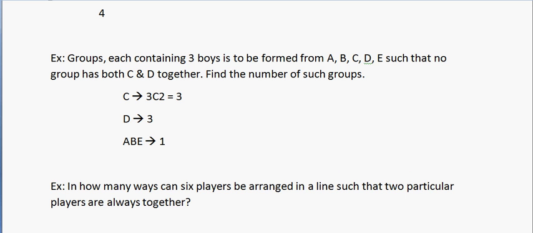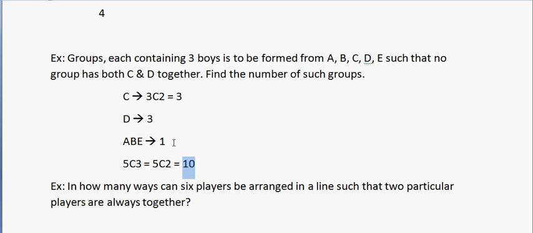There is an alternate way, right? How many groups can be formed from these 5? They would be 5C3, right? Which is equivalent to 5C2, which is 10, right? These are the total number of groups. If we subtract from this all those groups which have C and D together, we are through, right?